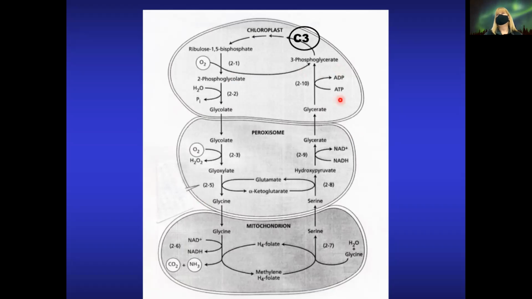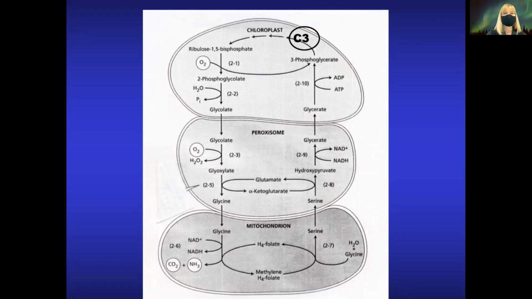You do get a PGA molecule, which can feed into the C3 cycle. Okay, and you also see NADH getting used in part of the pathway. So that's another thing to consider, that you're losing reducing molecules that need to be used in part of it.